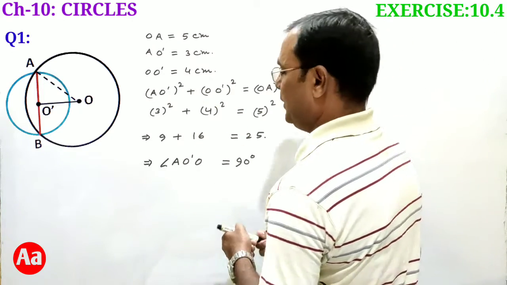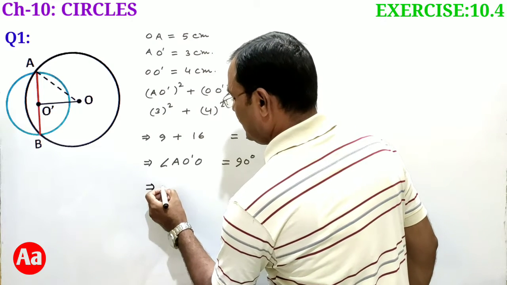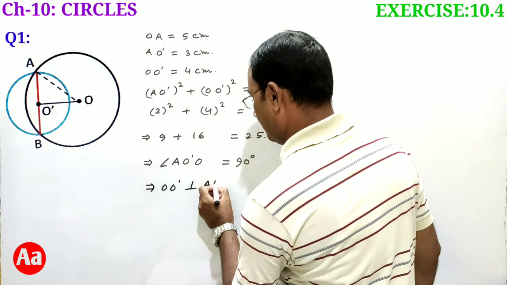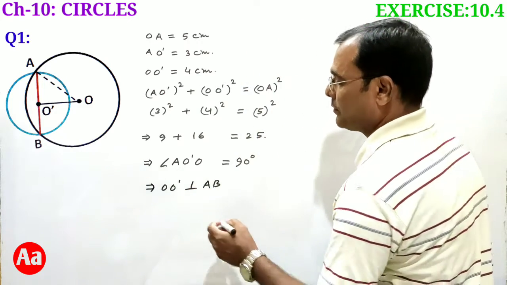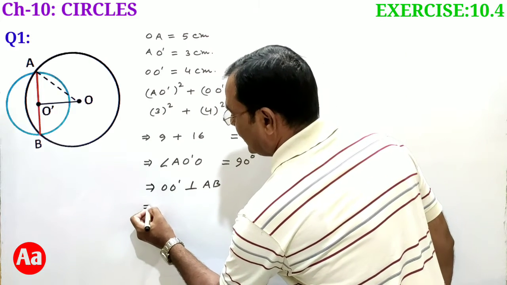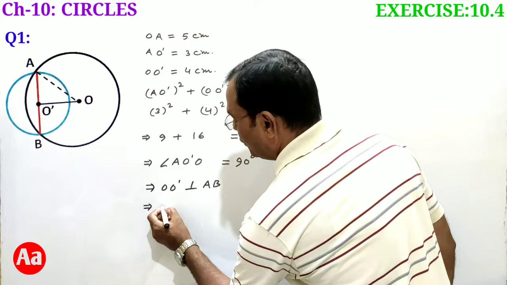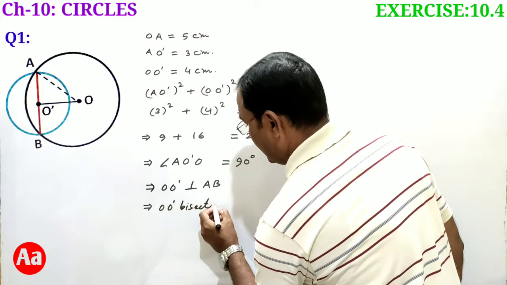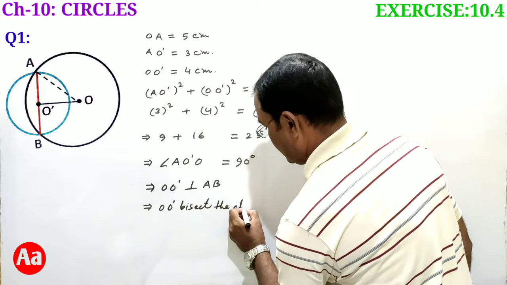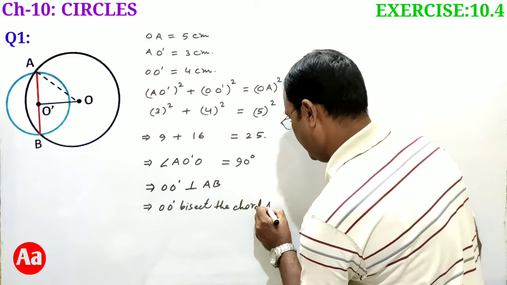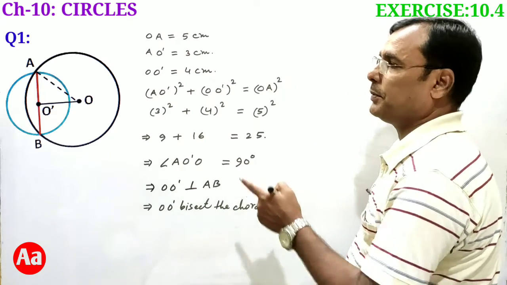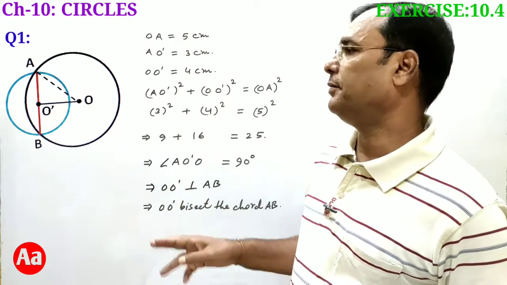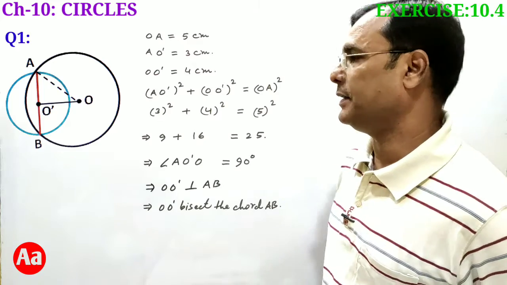This means OO dash is perpendicular to the common chord AB, and this implies that OO dash bisects the chord AB. OO dash is the perpendicular drawn from the center O to the chord AB of the circle of radius 5 cm.